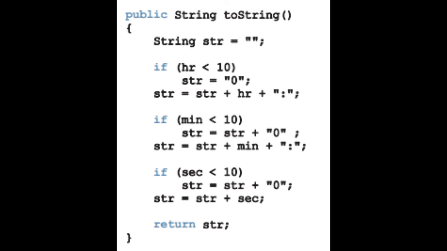You can see that the method toString is useful for outputting the values of the instance variables. Note that the method toString only returns the formatted string. The methods print, println, or printf output the string.